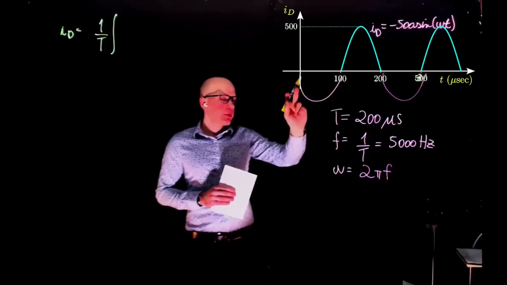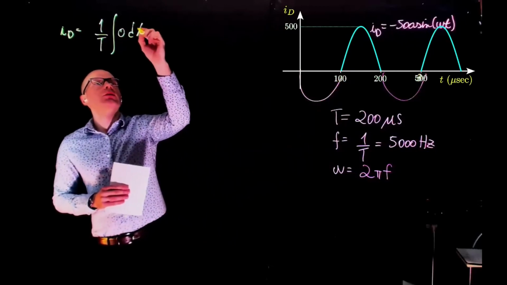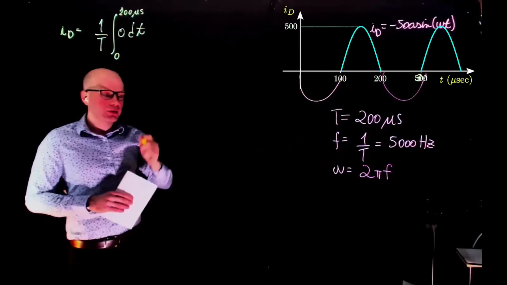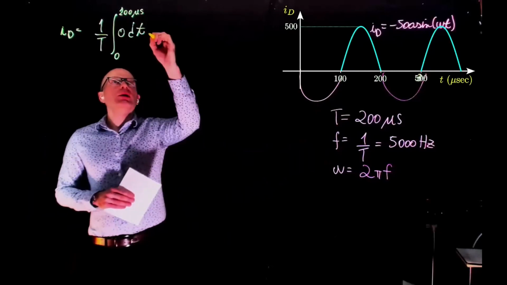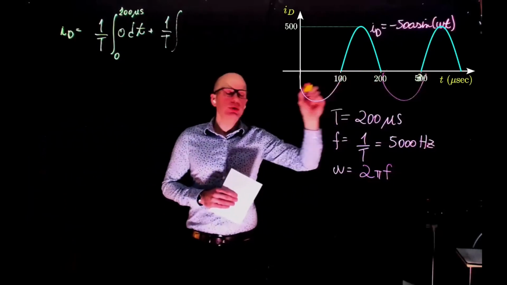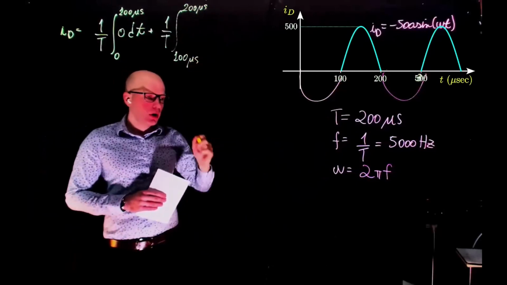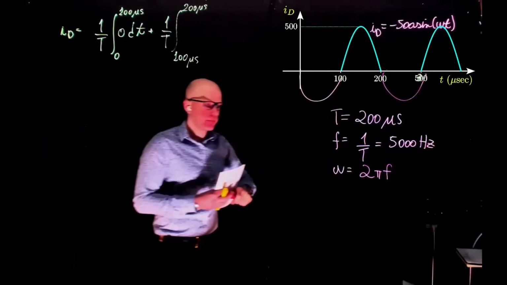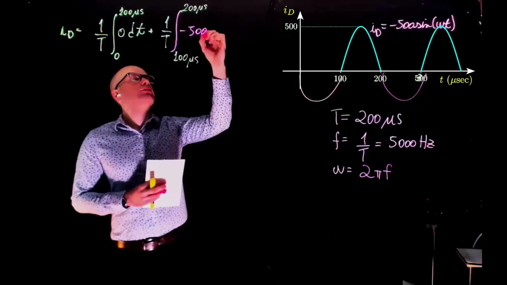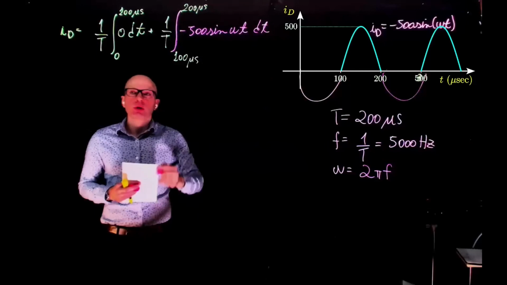But we can now split our period into 2 different parts, one from 0 to 100 microseconds, where the magnitude is 0, plus 1 over T times the integral from 100 to 200 microseconds of negative 500 sine of omega t dt. So this first part here is 0.